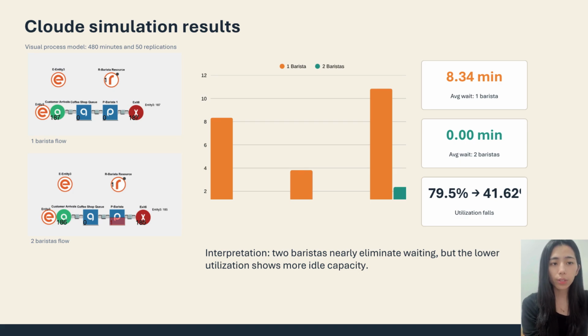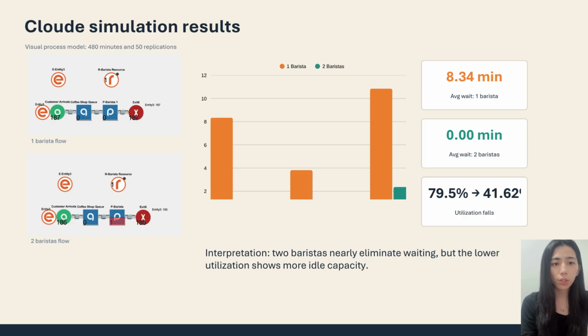The average queue size was 3.8 customers, and the average waiting time was 8.3 minutes. The average time in the system was about 10.8 minutes, which means customers spend around 10.8 minutes total from arrival to exit. The barista utilization was 79.5%, so the single barista was busy most of the time.